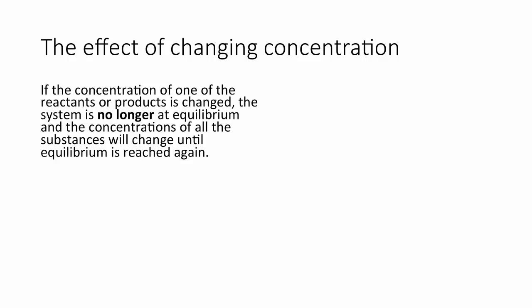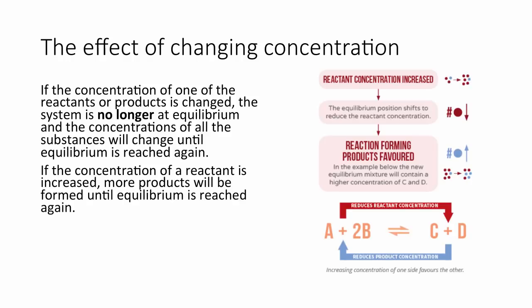If the concentration of one of the reactants or products is changed, the system is no longer at equilibrium, and the concentration of all the substances will change until equilibrium is reached again. If the concentration of a reactant is increased, more products will be formed until equilibrium has been reached again.